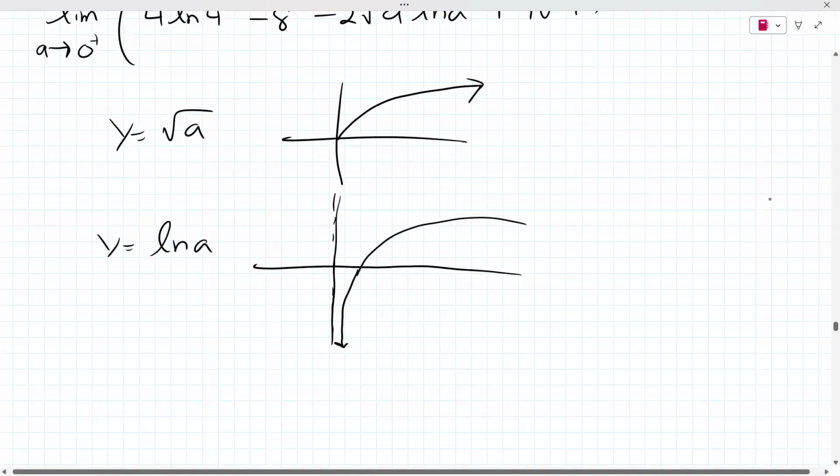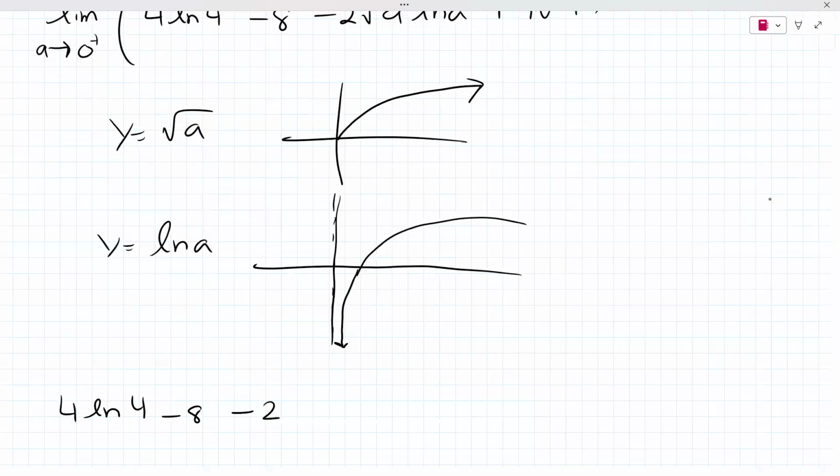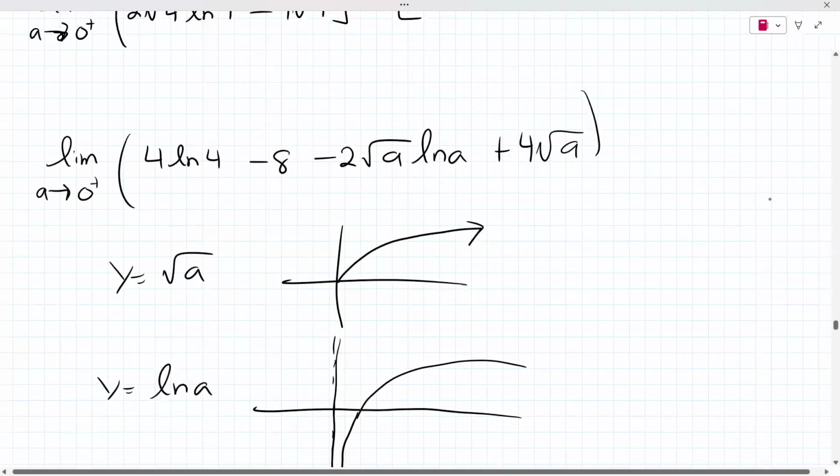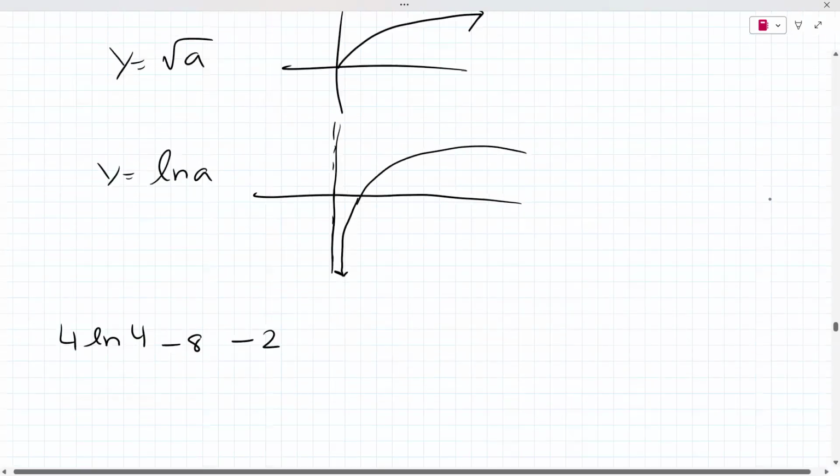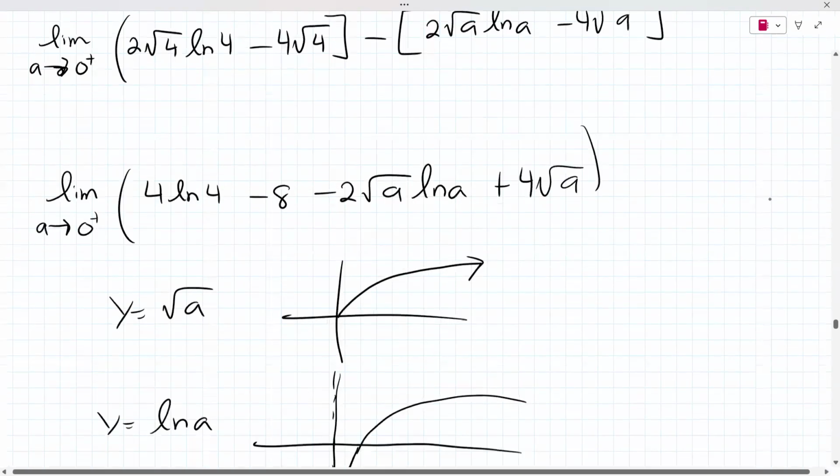So it's going to be 4 ln of 4 minus 8 minus 2, and then, when you plug in 0, square root of 0 is 0, so it's 2 times 0 times ln of a.